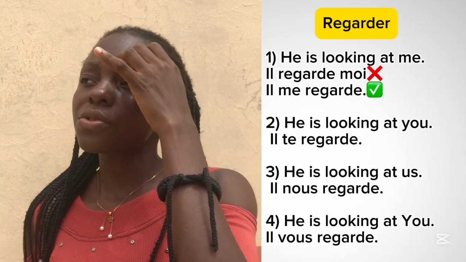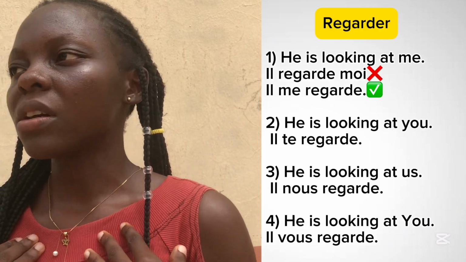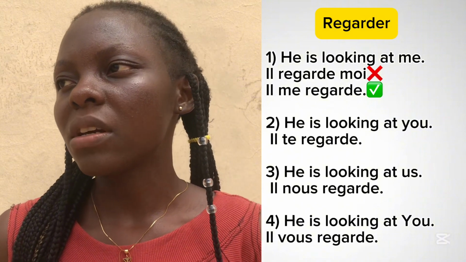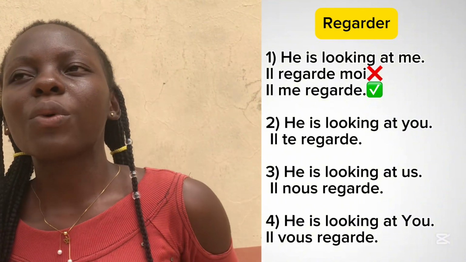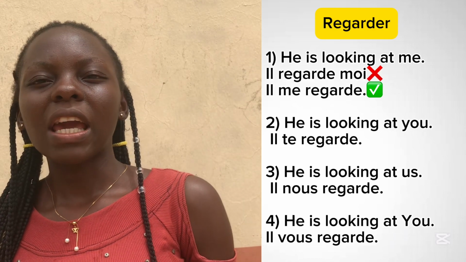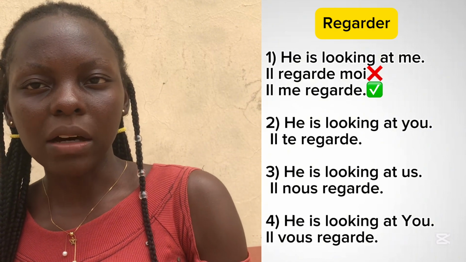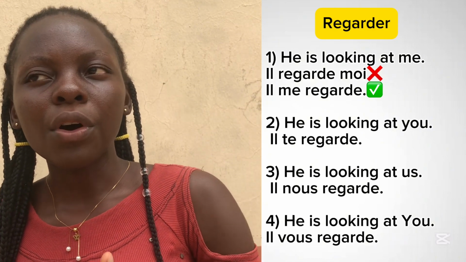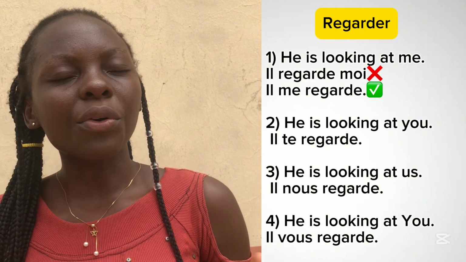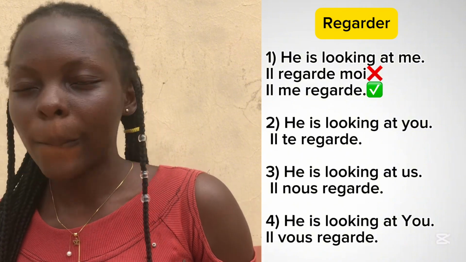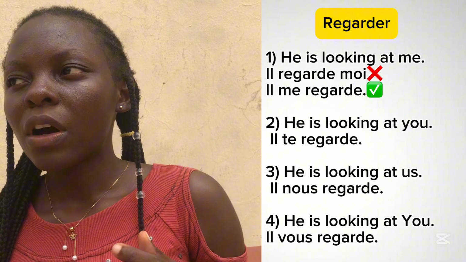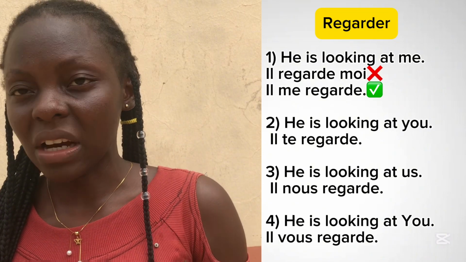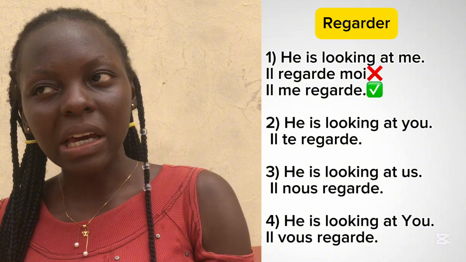If I want to say he's looking at me, how do I say it in French? Il me regarde. It is not il regarde moi. You are going to use a pronoun here.